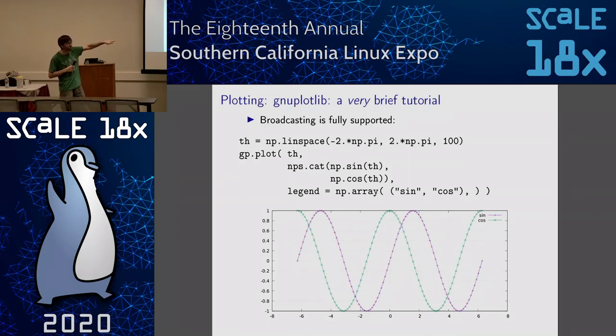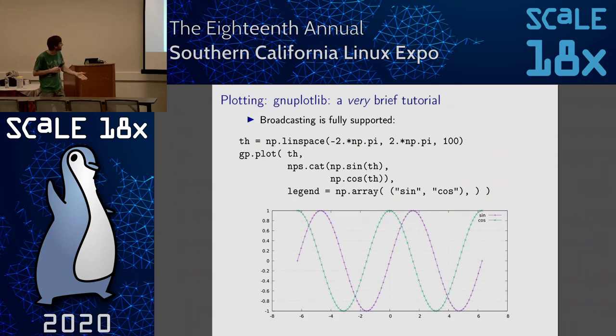There are 2 different rows: one row has my sine data, the next row has my cosine data. Plot is broadcasting aware, so it expects a one-dimensional thing. It's got a 2-dimensional thing, so it says, oh, I need to make 2 different plots. That extends to curve options as well. Normally the legend takes a string, so that is what the curve is called.